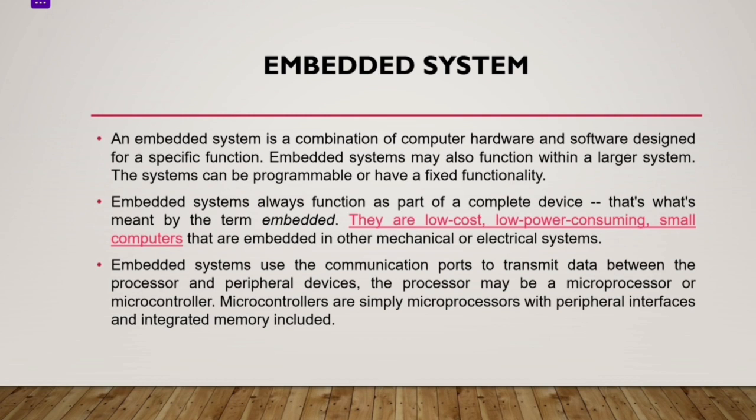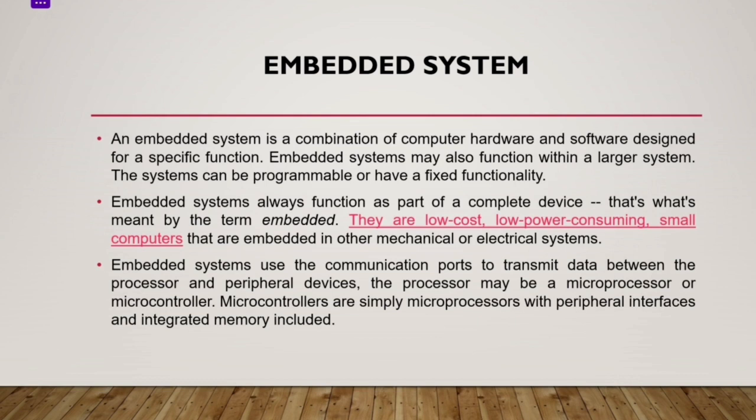Now, starting with the embedded system introduction. What is an embedded system? Basically, it is a combination of hardware and software designed for a specific function within larger systems. It can be programmable or fixed functionality, having various characteristics like low cost, low power consumption, small computers.